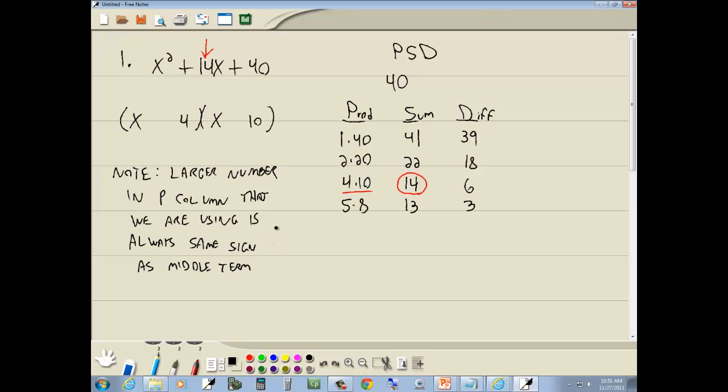So larger number in the P column that we're using is always the same sign as the middle term. Well, the 2 numbers we're using are 4 and 10, and the larger of those is 10. Our middle term up here is positive, which means this will be a positive.